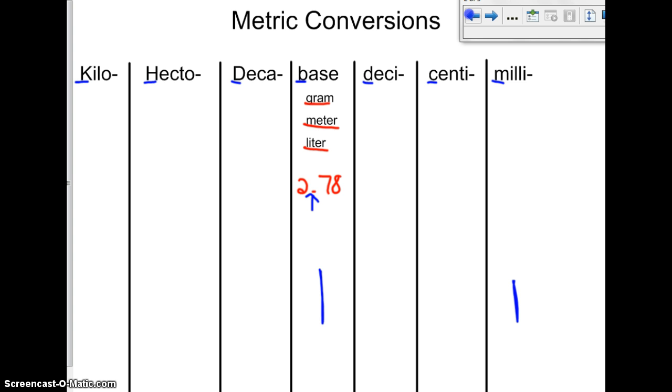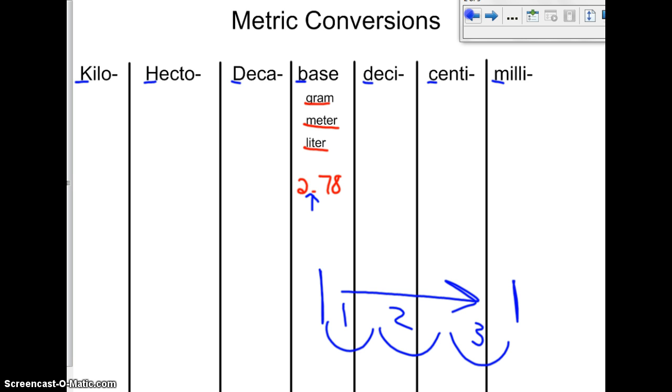How many columns do we need to go? Well, we are moving one column, two columns, three columns, in that direction, or the right. So we need to move that decimal the same number of times in the same direction.